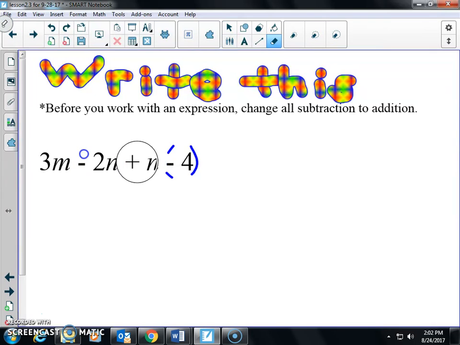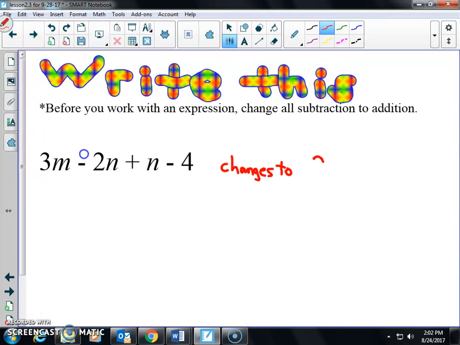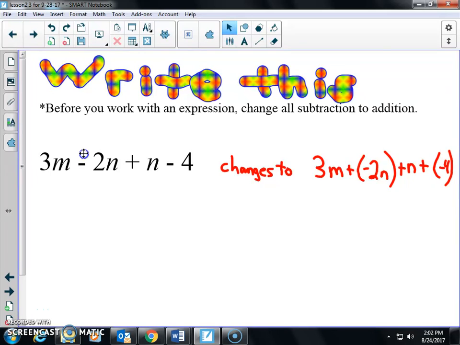So if I look at what we started with, 3m minus 2n plus n minus 4, it changes to 3m plus negative 2n plus n plus negative 4. And for those of you who like to have numbers, you could sneak the invisible 1 in next to the n.